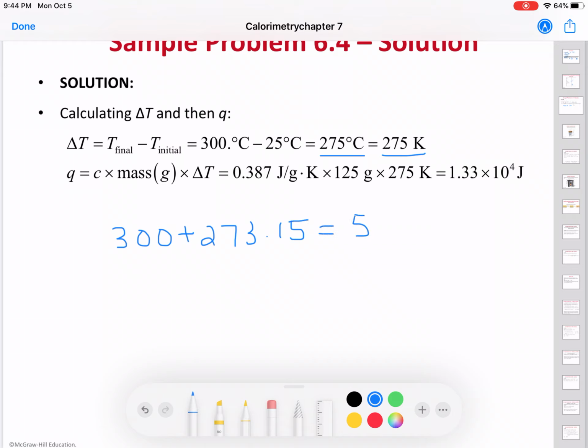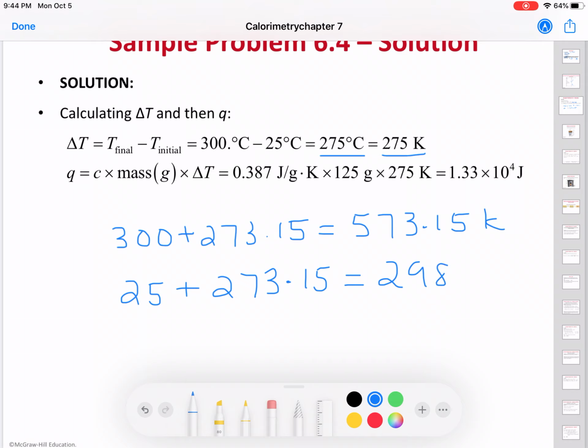So that would be 573.15 Kelvin. And then you take 25 degrees Celsius. If you want to convert it to Kelvin, you're going to be adding 273.15. That will give you 298.15 Kelvin.